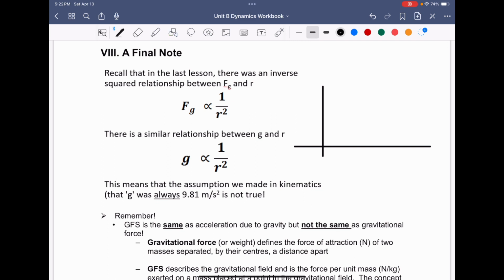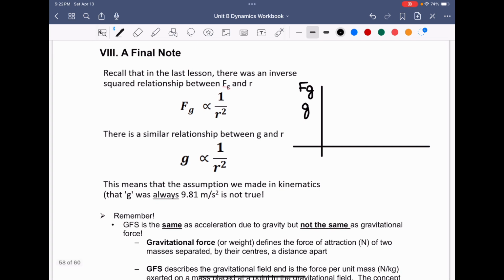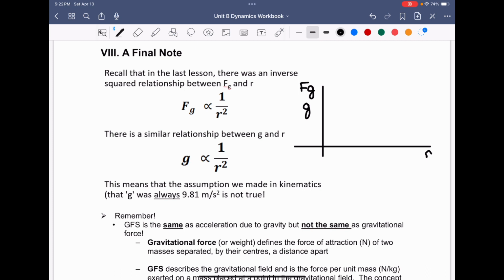First and foremost, write Fg, and then write g below that. So on this axis, we have one symbolic of Fg, one that is symbolic of gravitational field strength. On the x-axis, I want you to put r. Now, we're going to use red to symbolize the output of Fg. We're going to use blue to symbolize the output in terms of g.